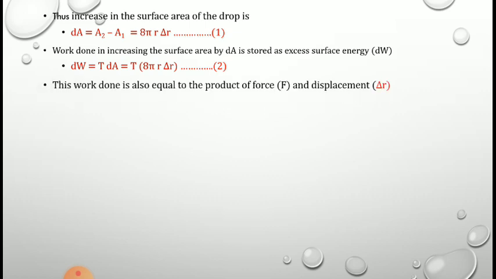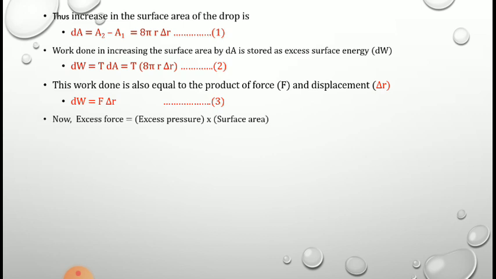Now this work done is also equal to the product of force F and displacement delta r. That is the general formula for the work done. Hence another formula for work done will be dW equal to F into delta r, equation 3.